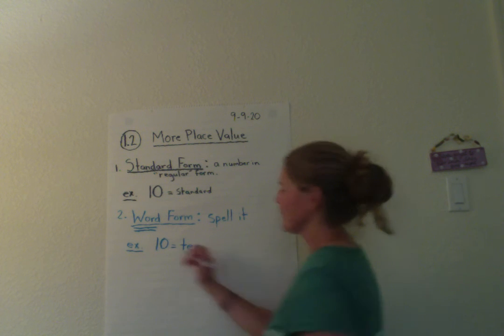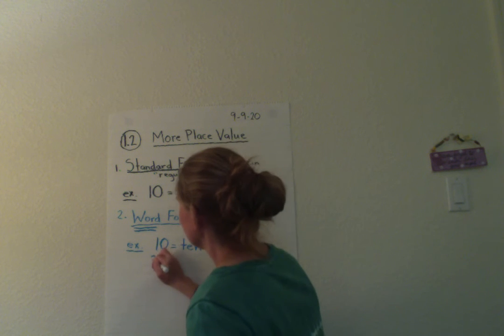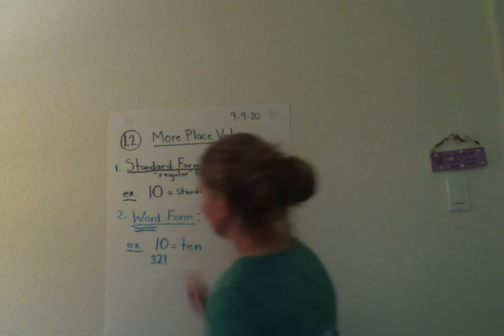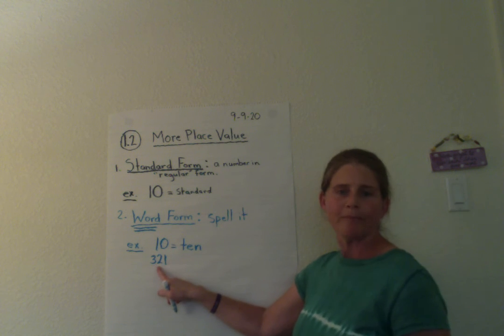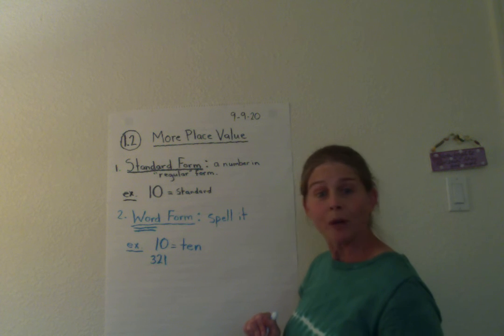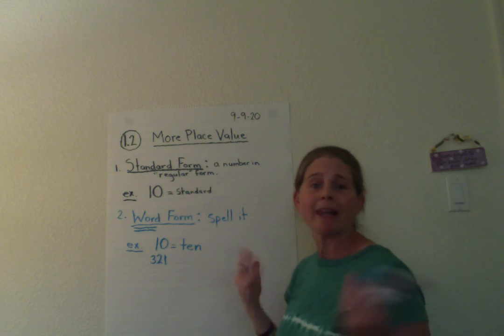Let's try one. Here's another one. 321. That's standard form. It's just the number. But remember, we're in word form. So what do we have to do? We have to spell it out.